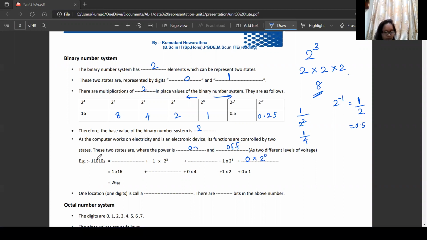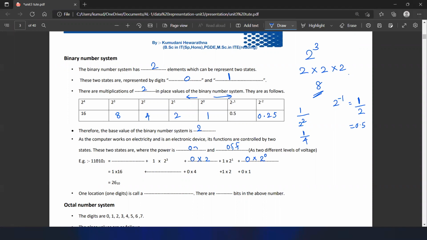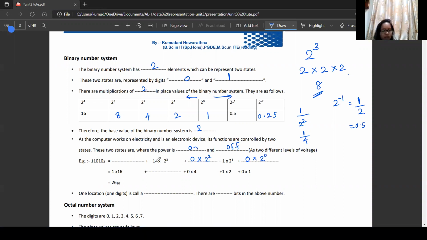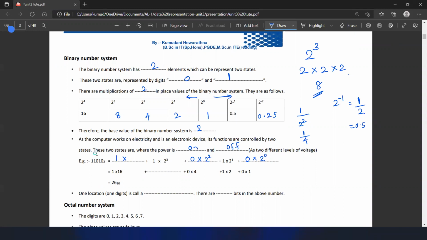Next, 0 again. 0 into 2 to the power how much? 2. Next one, 1 here. 1 into the place value 2 to the power 3. Last one, there is 1 and 2 to the power 4.